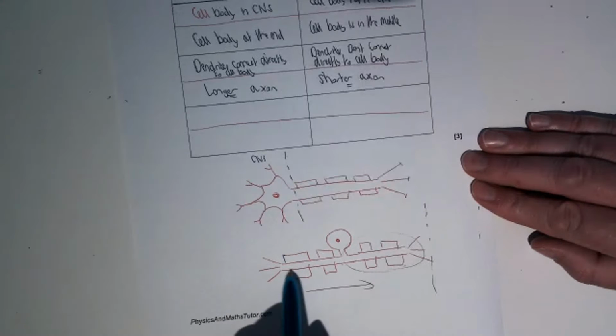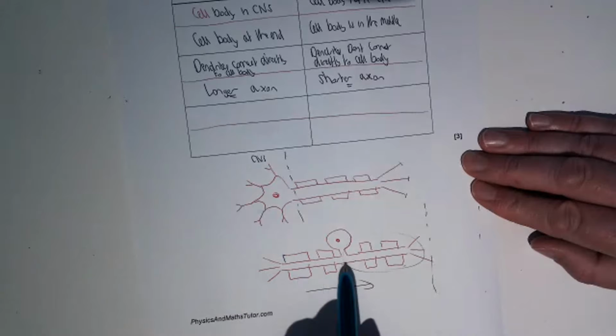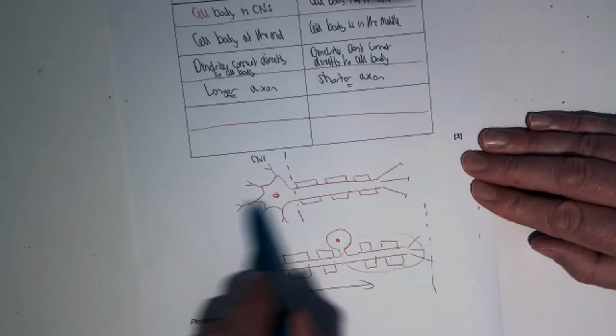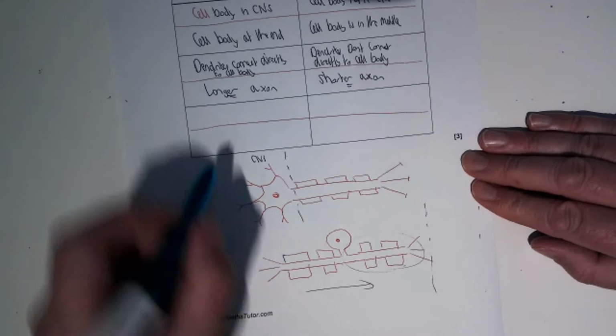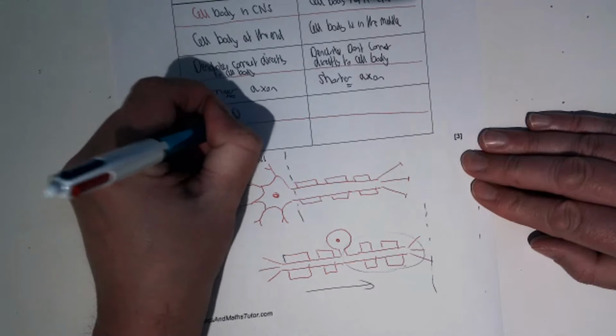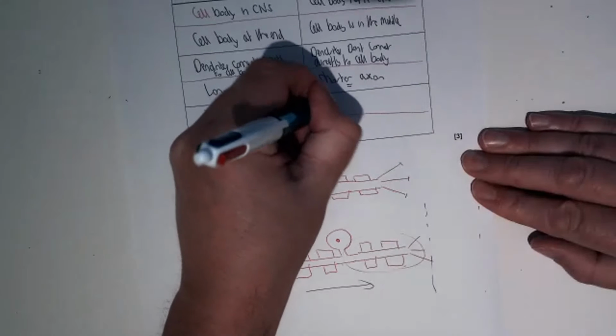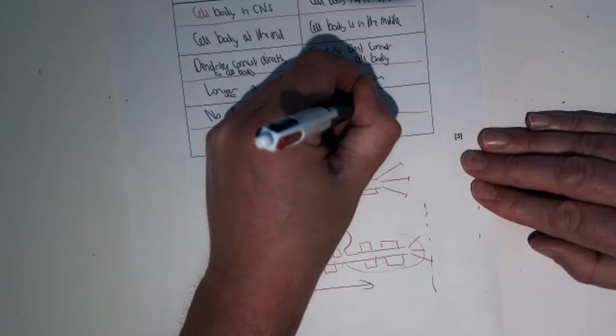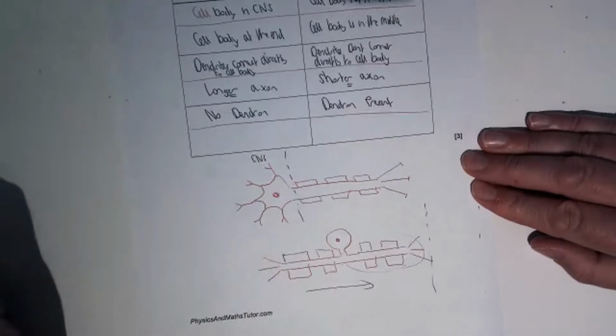Right, in a sensory neuron, the part that's leading to the cell body is called the dendron. We don't have a part leading to the cell body in a motor neuron, so there's no dendron, whereas in a sensory neuron, the dendron is present.